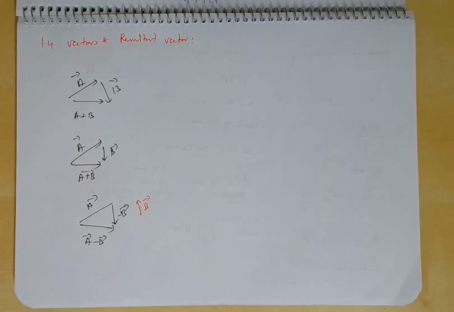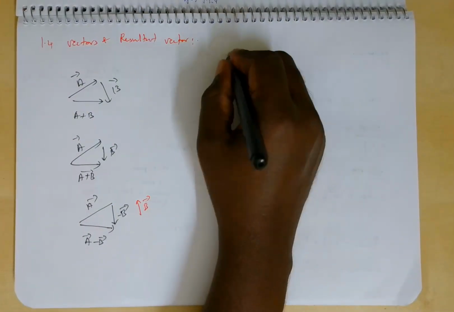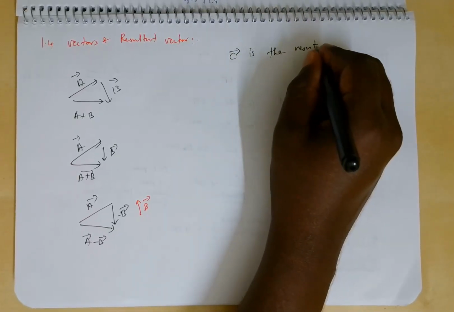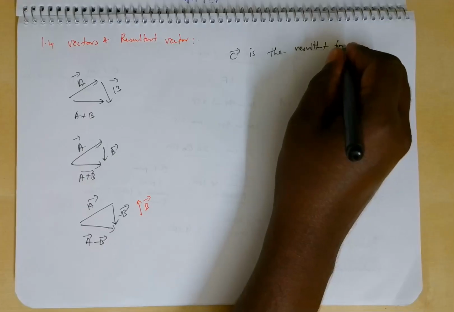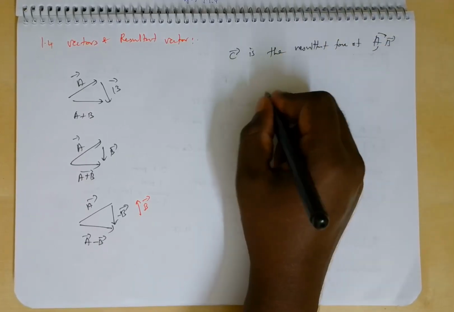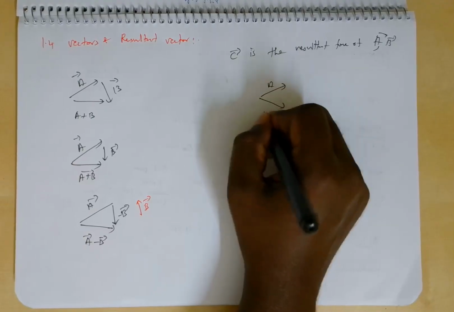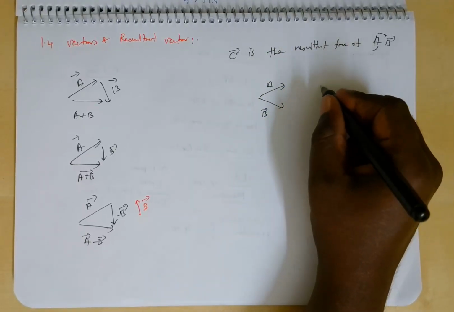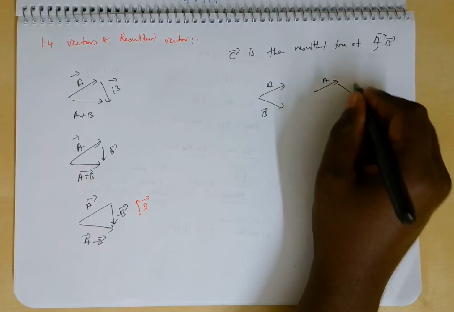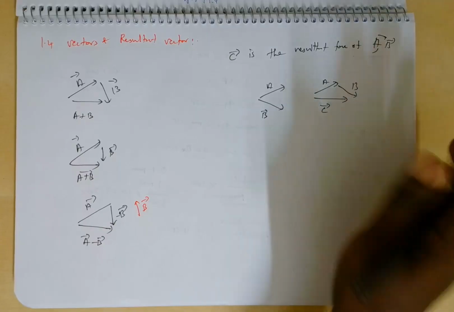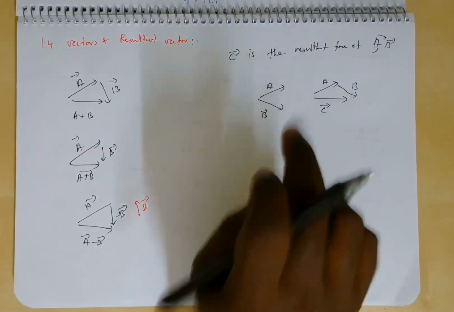Whenever they ask resultant force, for example, C is the resultant force of A and B. So here is A, here is B. Then how should A and B look? A, B. So this will be C. As long as it's just resultant force, it will be like that.